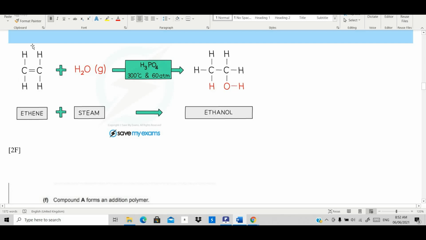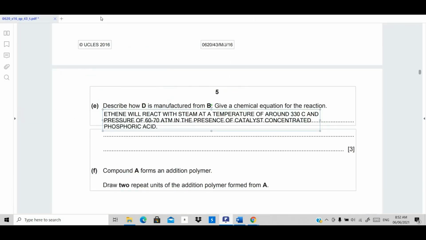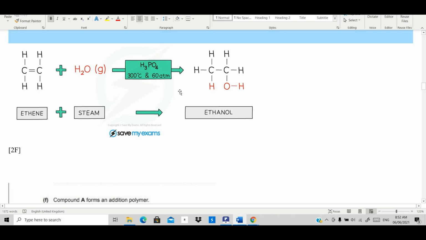There are 2 carbon atoms and 4 hydrogen atoms, so we'll write this as C2H4 plus H2O, the gas steam, right, plus H2O will produce what? Will produce ethanol.